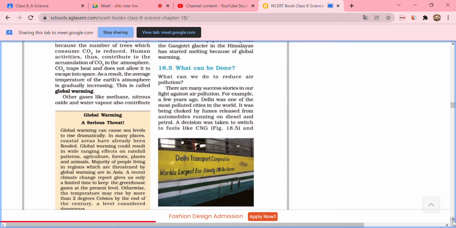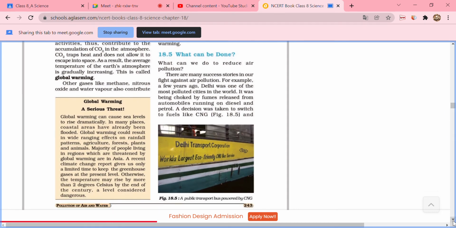In many places, coastal areas have already been flooded. Global warming could result in wide-ranging effects on rainfall patterns. It is having a widespread effect on the rainfall pattern also. The rainfall nowadays is getting disturbed in India and all parts of the world also.